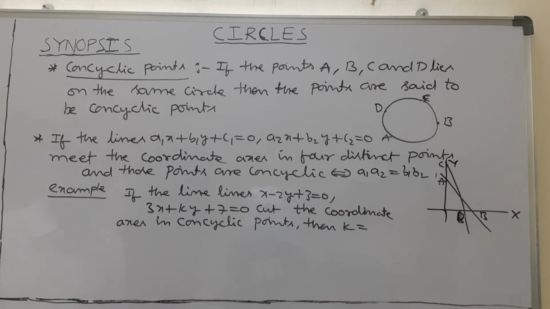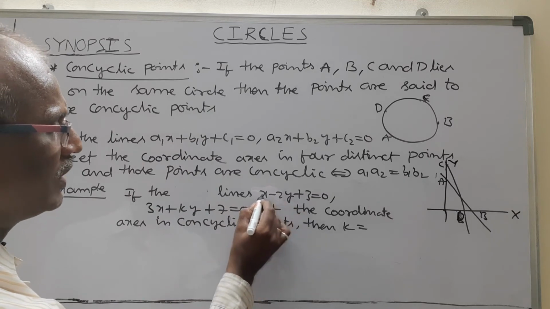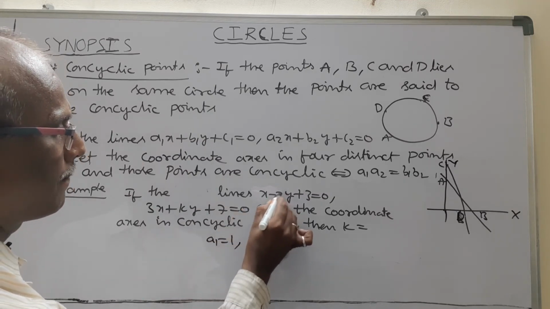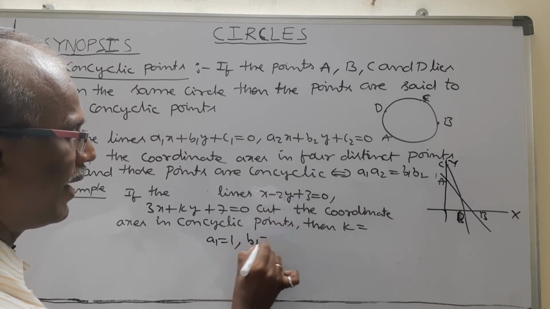Here is one example. If the lines x − 2y + 3 = 0 and 3x + ky + 7 = 0 cut the coordinate axes in concyclic points, then the condition: here the first line has a1 = 1, b1 = −2.